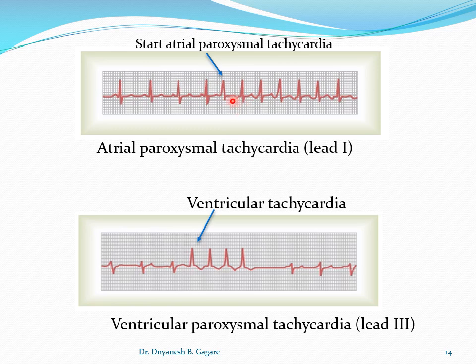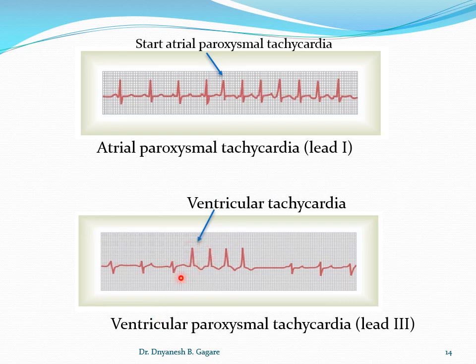But here is the start of atrial paroxysmal tachycardia. So here the atria start generating impulses at a higher rate, and see, the atrial contraction is increased, and it is called atrial paroxysmal tachycardia. Another example: if the sudden attack is in the ventricle, and the ventricular muscle starts generating impulses, it leads to more beating of the ventricle.